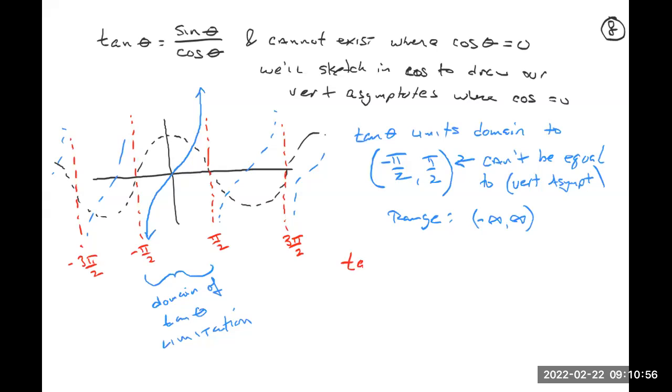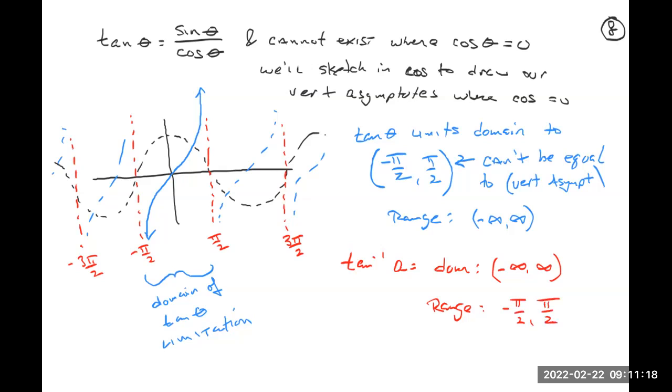Making arctangent, or tangent inverse, of a value has a domain of all real numbers, negative infinity to infinity, and a range from negative pi over 2 to pi over 2.